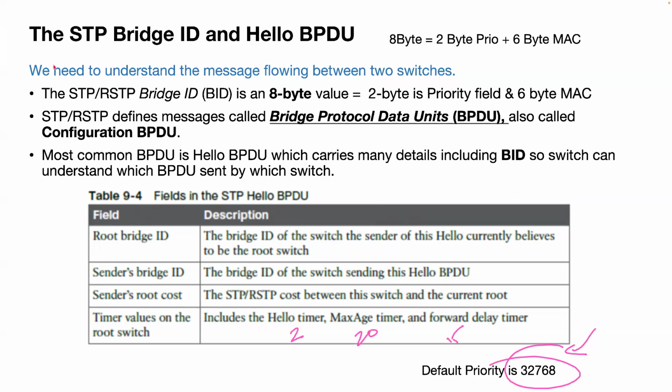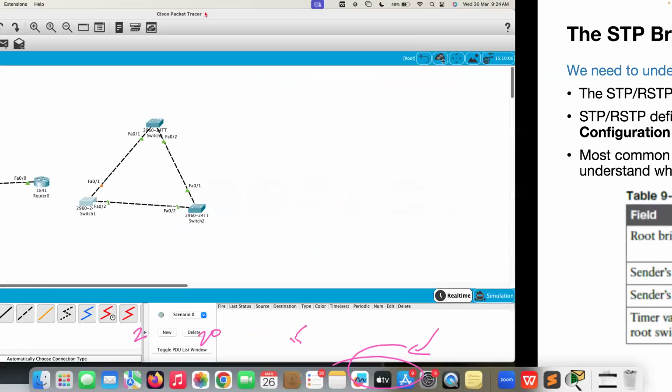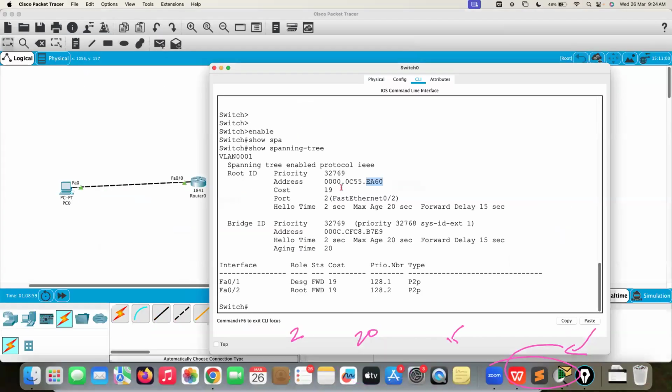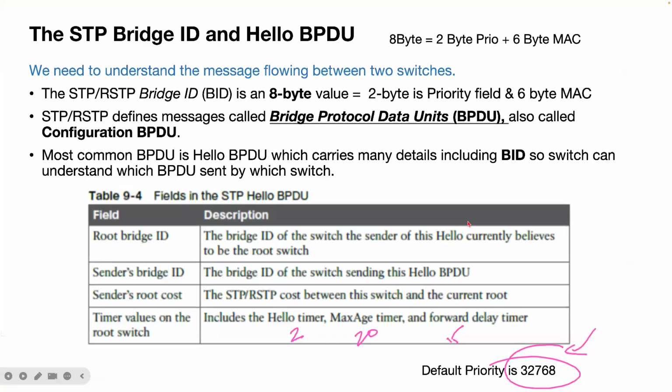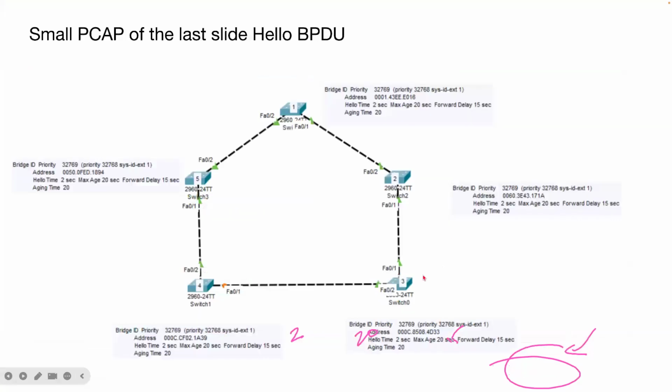That's totally fine. So in my diagram also, if I choose here, what's the priority value? Here it is 32768. That's the default priority. If you want to change, you can change, no problem. The output I already showed you, right? The show spanning tree output is here.